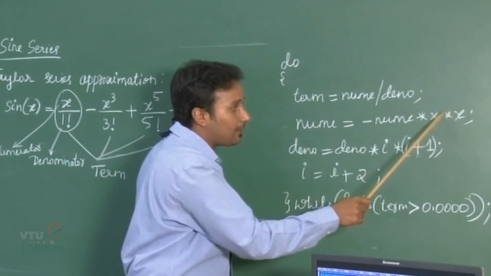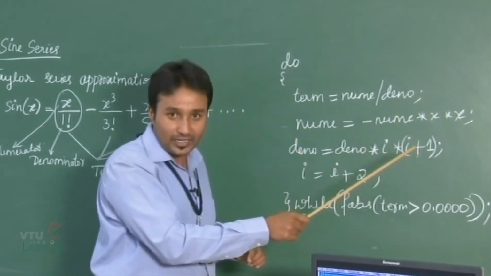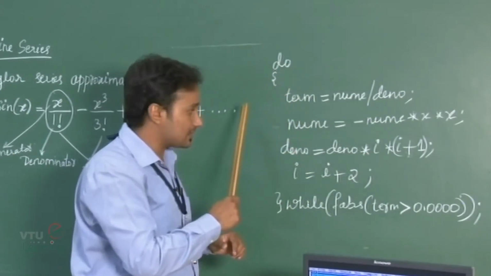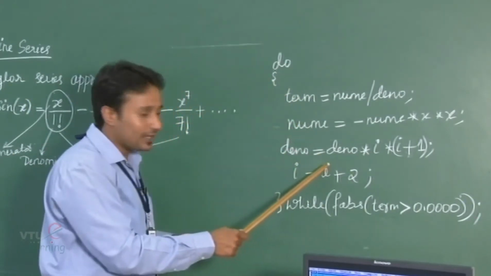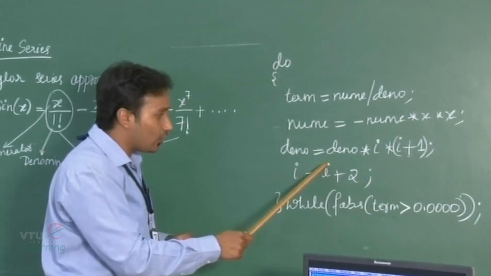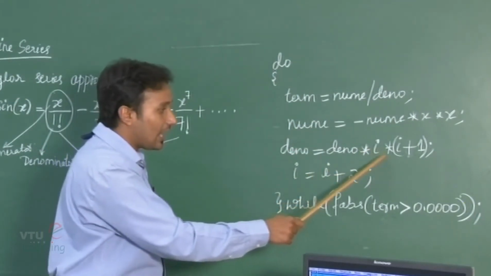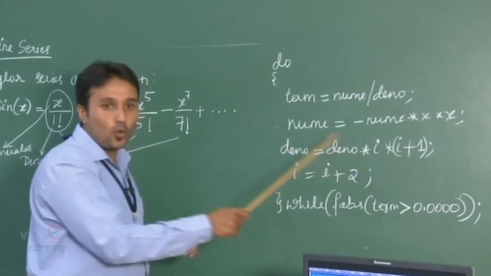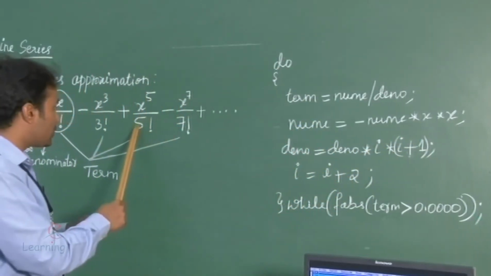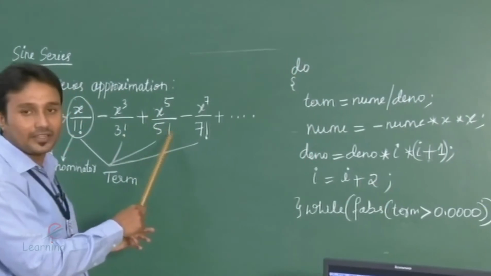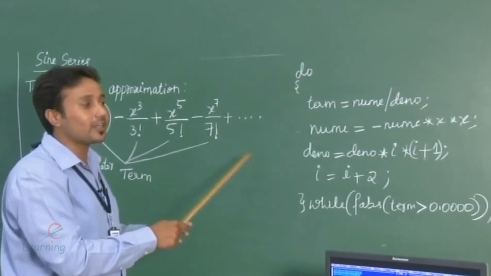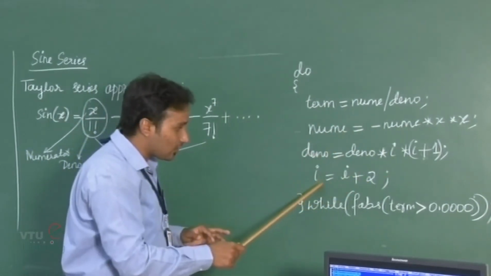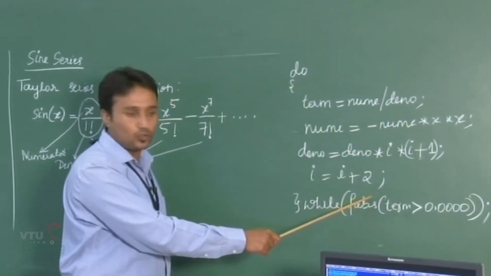Two x's multiplying results in x square, which raises the power by 2 every time. In the denominator part, we have deno equals deno star I plus 1. This is because we need to increment each denominator by the value 2 and correspondingly calculate its factorial. At the last, we have I equals I plus 2.